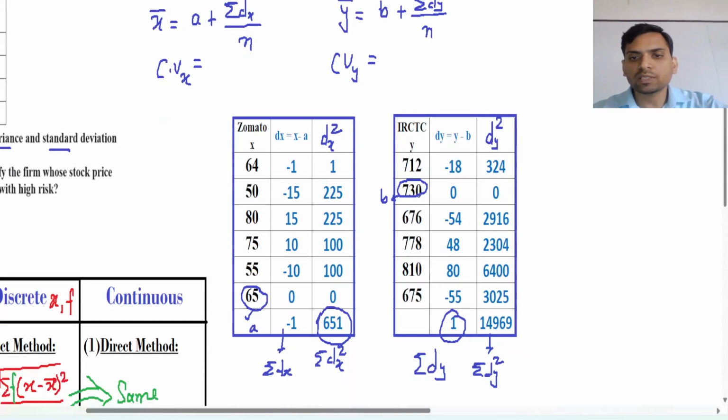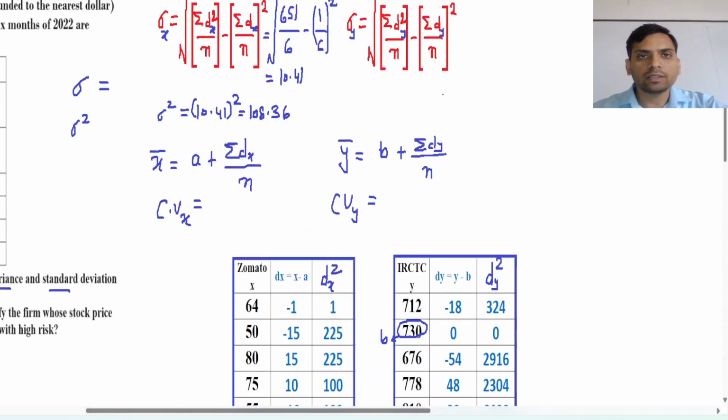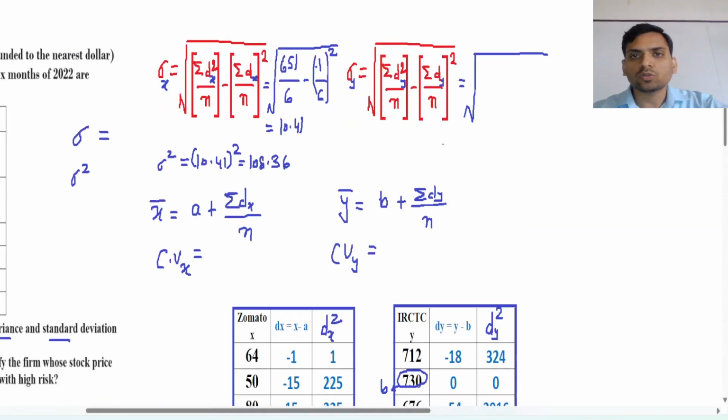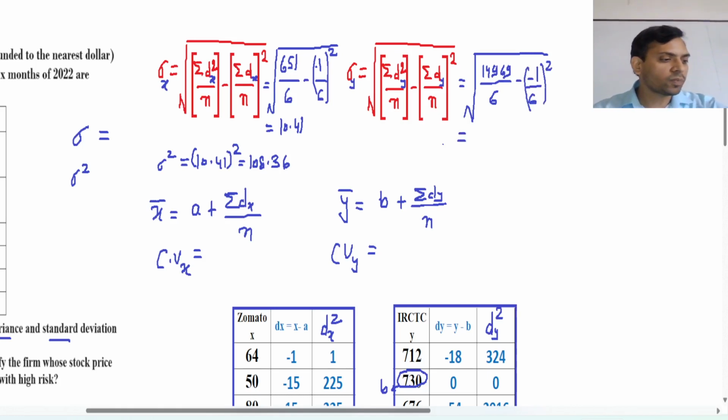In sigma y we put all these values from the table: summation dy is minus 1 and summation dy square is 14969, divided by 6 minus 1 divided by 6, and then the square root. Then sigma y equals 49.94, and for variance, the square of this, sigma y square, is 2494.